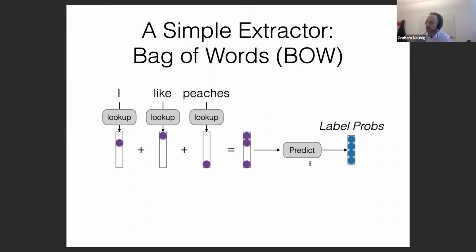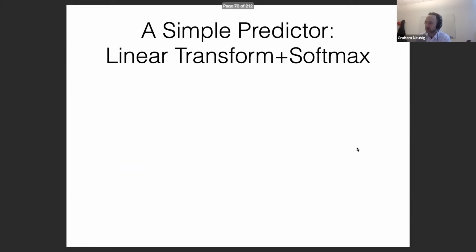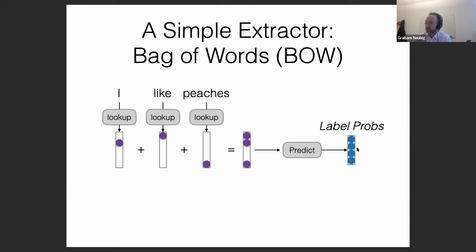Then we feed this into a predictor. Maybe we have a matrix multiply that turns this into label values, and then we use this to calculate label probabilities.